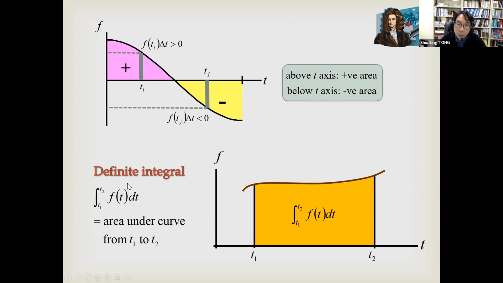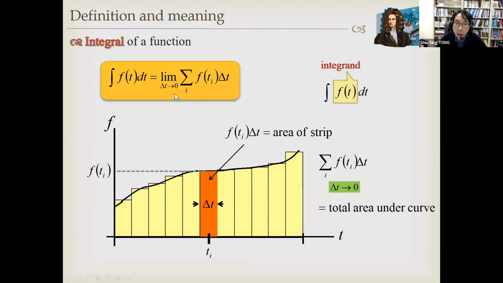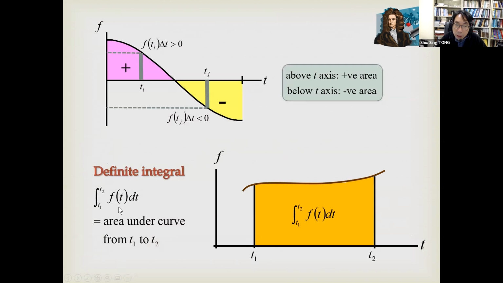Now, what is the definite integral? We have only stated the indefinite integral, but the definite integral has a well-defined beginning and ending point of an integration. So when we integrate from t1 to t2, the lower limit being t1 and the upper limit being t2, what we mean is that we are calculating the exact area bounded below by the graph between t1 and t2.